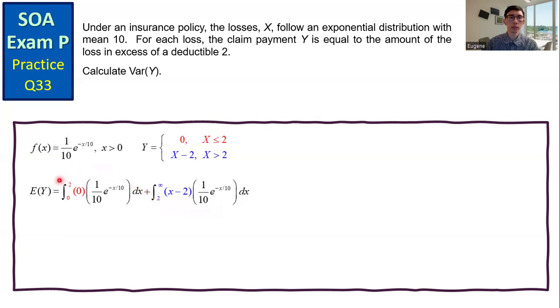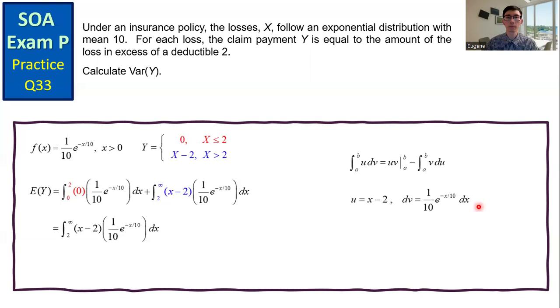The first term is 0. So we only need to do the integration for the second term. Here we use the integration by parts formula. The function u corresponds to the function x minus 2, and dv is the PDF of x dx. Applying the integration by parts formula, and we get this expression.